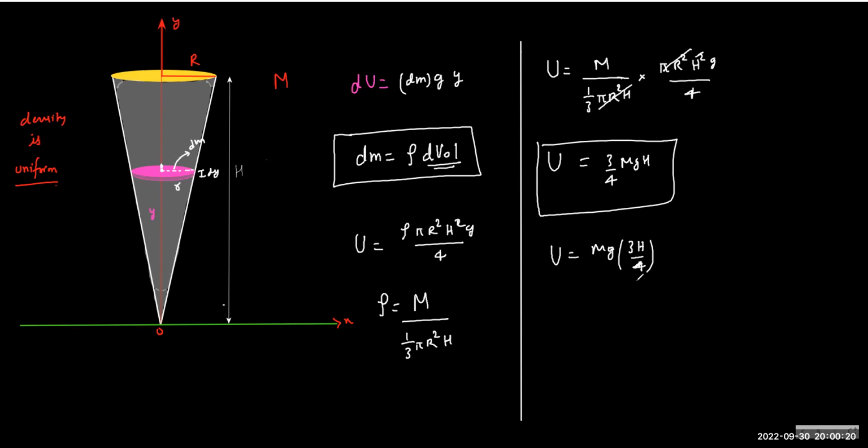Later on, we will come to know that 3h by 4 is called the height of the center of mass. That's really interesting, and congratulations, we got the right answer. So super job.